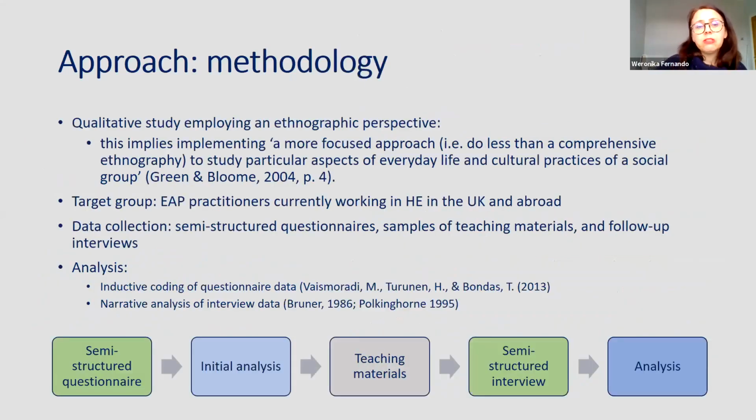Now, at the level of methodology, we've conducted a qualitative study, but in our qualitative approach, we are employing an ethnographic perspective. So this means that we have a very focused approach to our data collection. We do less than a comprehensive ethnography, and we particularly investigate specific aspects of EAP tutors' practices.